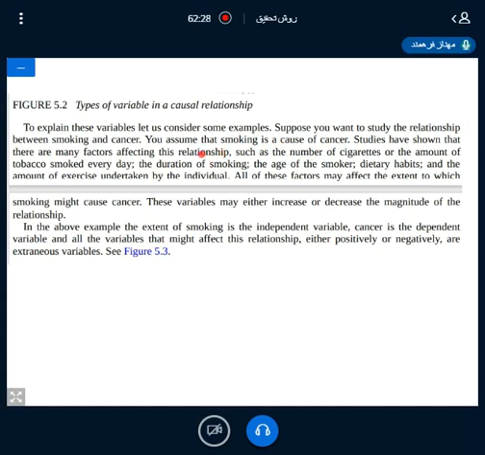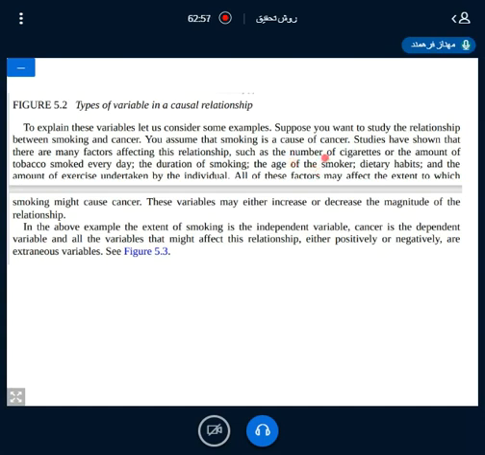Studies have shown that there are many factors affecting this relationship, such as the number of cigarettes or the amount of tobacco smoked every day, the duration of smoking, the age of the smoker, dietary habits, and the amount of exercise undertaken by the individual.